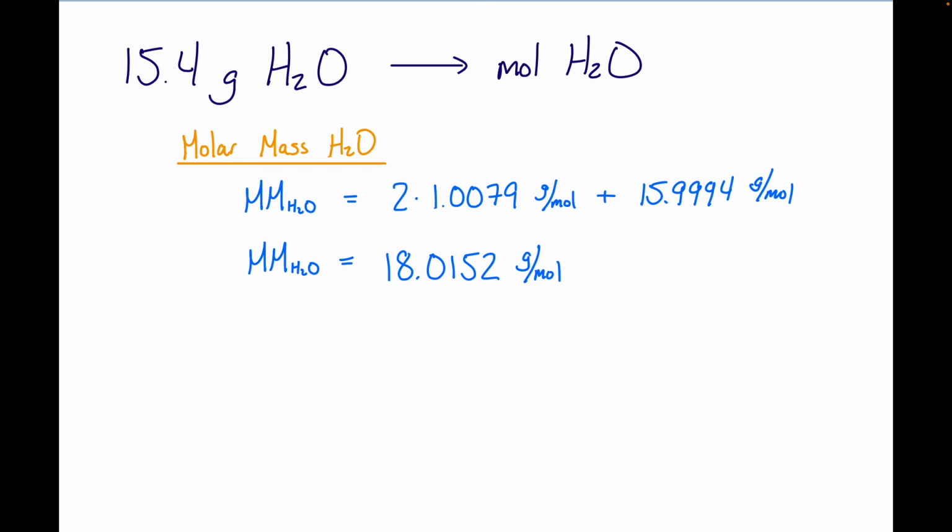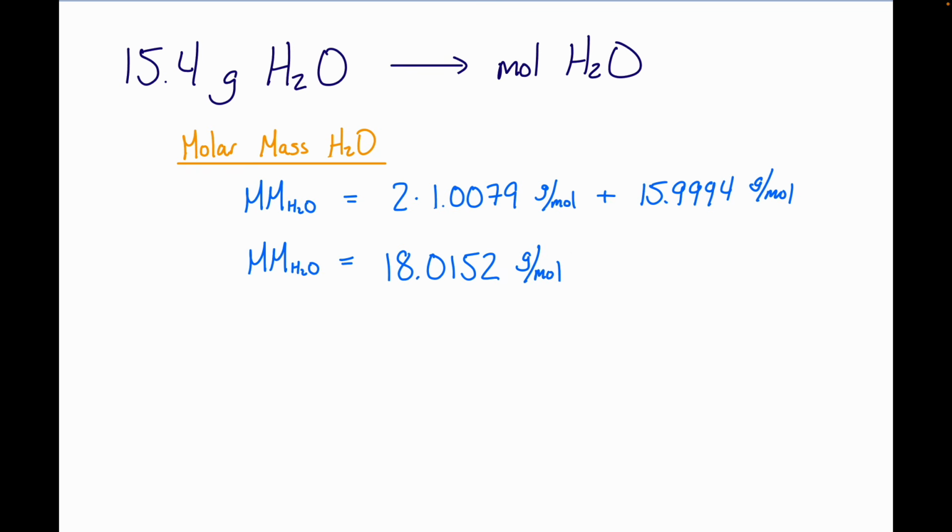All right, so step one, I had to figure out what the molar mass of my compound was, what the molar mass of water is. I did 2 times the molar mass of hydrogen plus the molar mass of oxygen to give me 18.0152. And again, the units, as always, for molar masses are grams per mole.